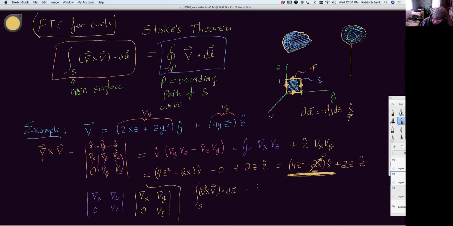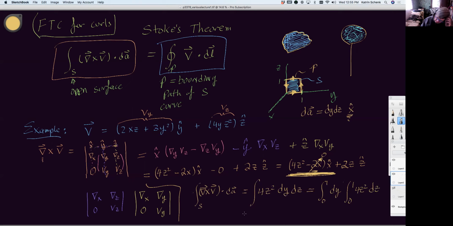So it's the integral of 4z squared times dy dz, which is the integral from 0 to 1 of dy times the integral from 0 to 1 of 4z squared dz. I meant to say dy there, because there's no y.